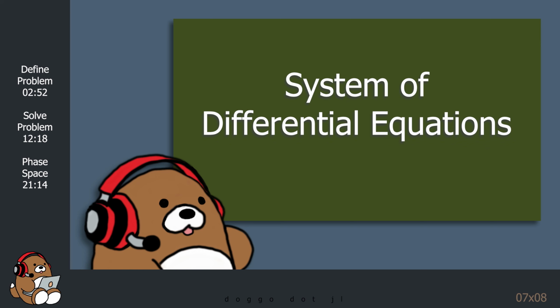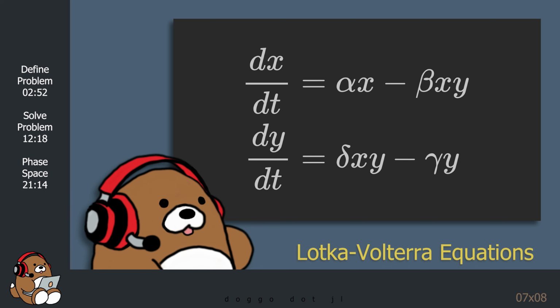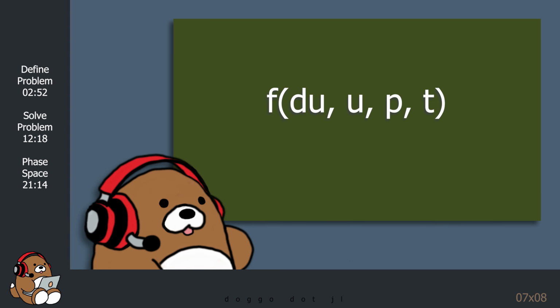In today's tutorial, we learned how to solve a system of differential equations using the DifferentialEquations.jl package. As a motivating example, we used the Lotka-Volterra equations, also known as the predator-prey equations. The setup for this problem follows a similar workflow to solving a second-order ODE problem.